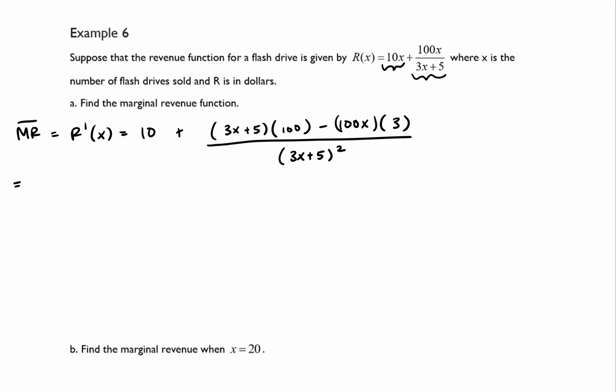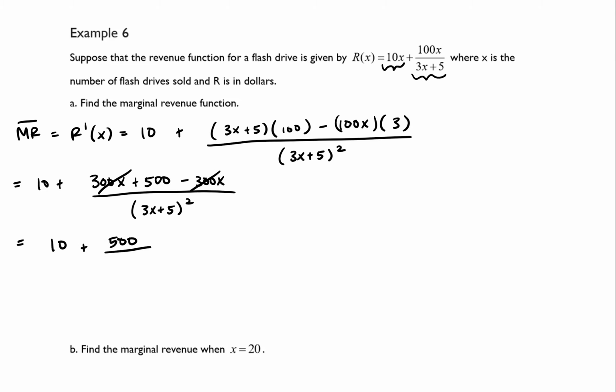So that equals 10 plus the fraction 300x plus 500 minus 300x over 3x plus 5 quantity squared. And there'll be some nice cancellation there. All right, so this is our marginal revenue function.